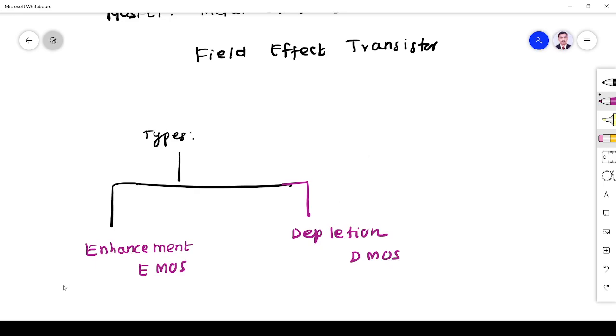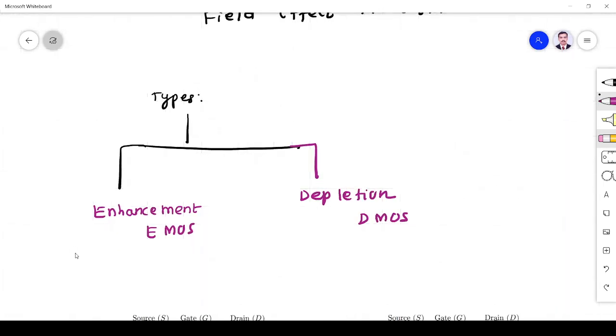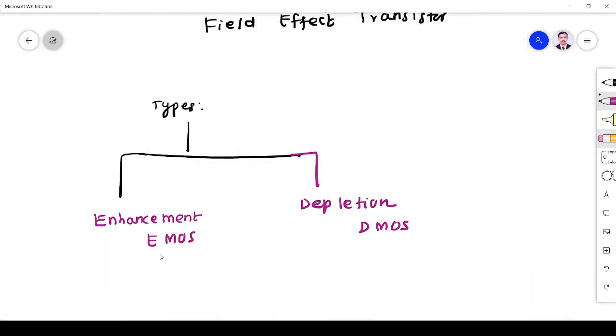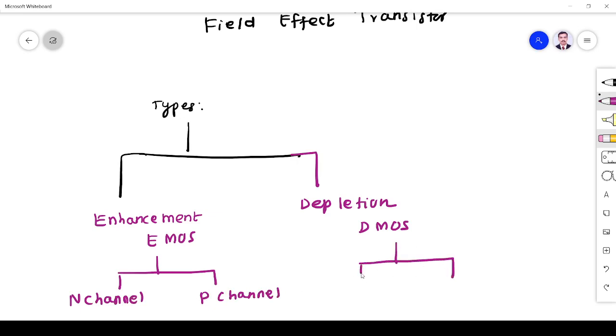There are two types of channels. So according to the channel types, we are dividing MOSFET into two types: N channel and P channel. Similarly, in DMOS we have two types: N channel DMOS and P channel DMOS.